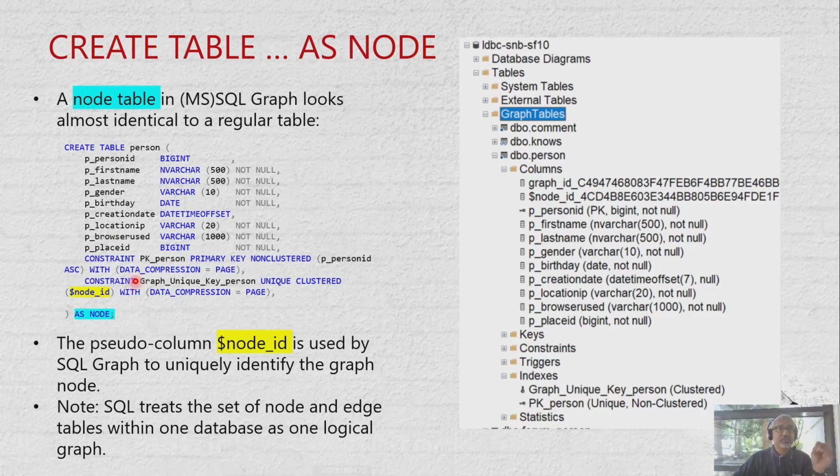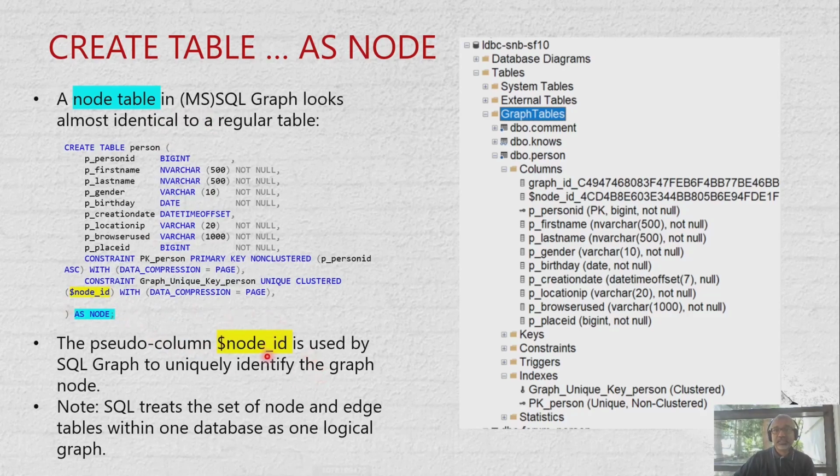Not only is the node ID unique in that particular table, but when you use it in the context of an edge, the node also takes along with it the object that it came from. So for example, in this case, a node is in the context of a person. It has a node identifier, and it also has an object identifier, which is the name or the object ID of that table. So node tables are just like regular tables, with this additional syntax added.